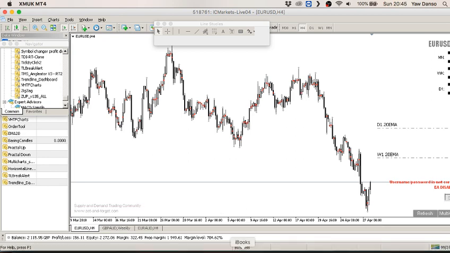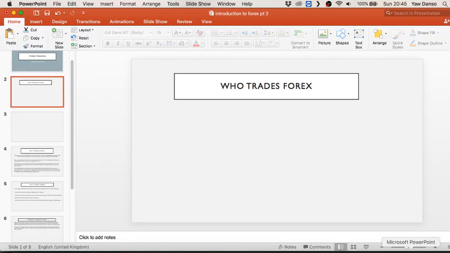So let's go back to, again, who trades the forex market. At the very top, again, we have the major banks, and I've shown you guys these are the central banks. You have the Bank of England, Bank of China, and in the United States, we call it the Fed. We have the Bank of Canada. All those countries that we have in the currency pairs that I showed you, those are the major banks.